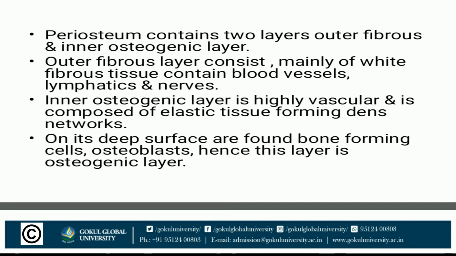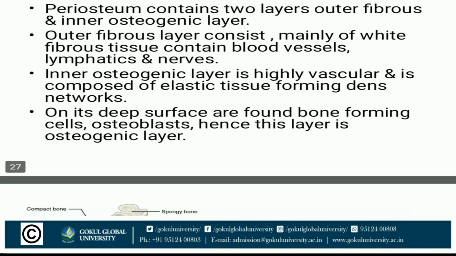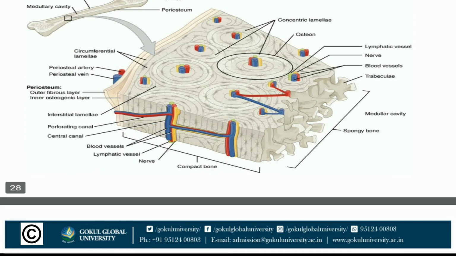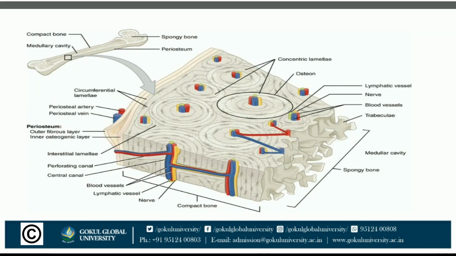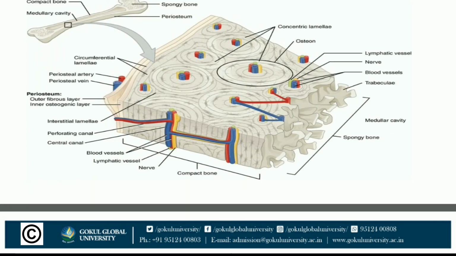On its deep surface are found bone forming cells, osteoblasts. Hence this layer is the osteogenic layer. In short, outer fibrous, inner osteogenic, with bone forming cells, so it is termed as osteogenic layer.